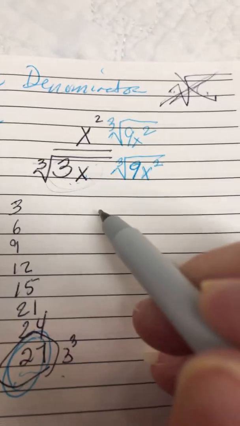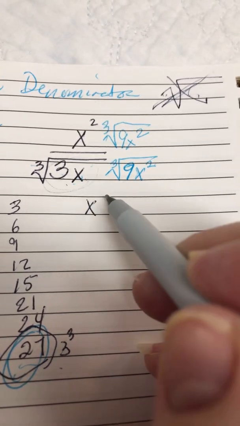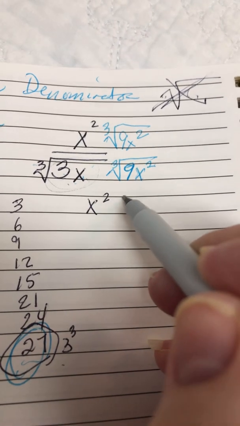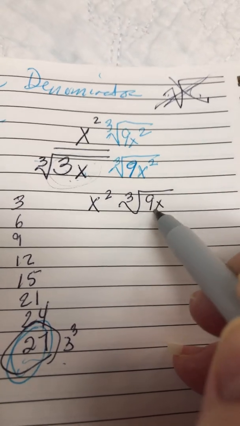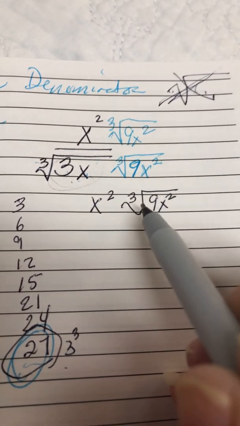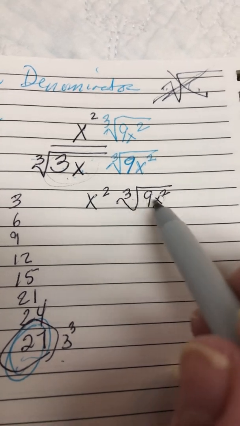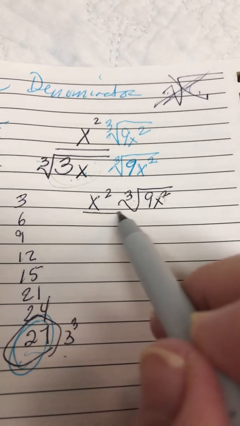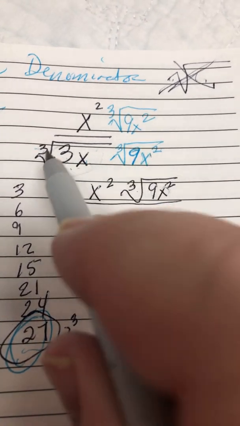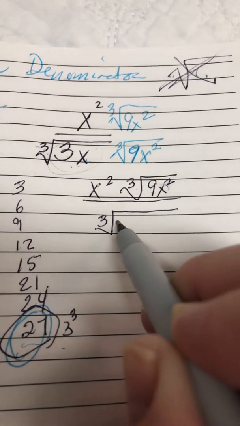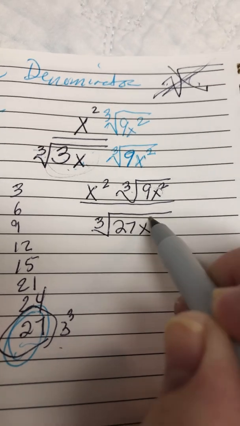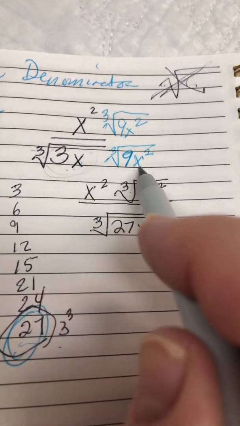So now what we have is x squared on top times the cube root of 9x squared. And we can't complete any part of this because we don't know the cube root of any of those. And then on the bottom, we have the cube root of 27x to the third when we multiply these together.